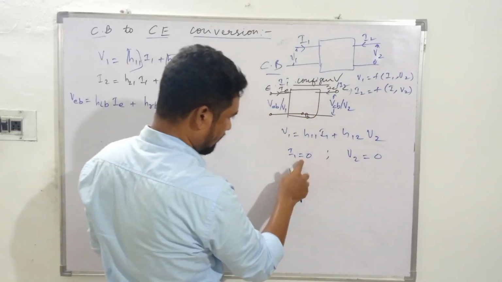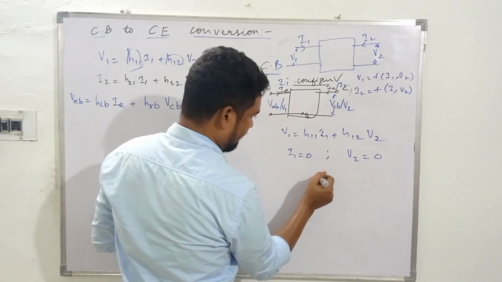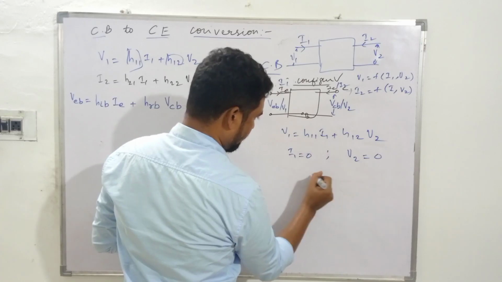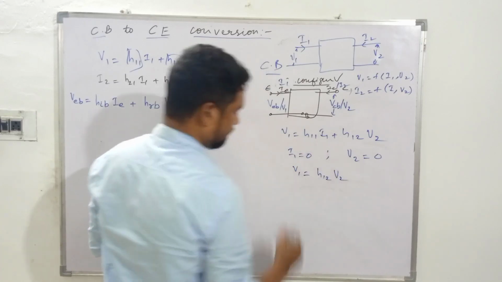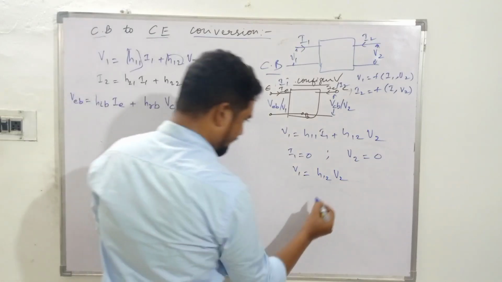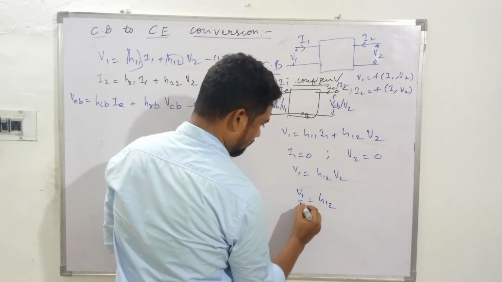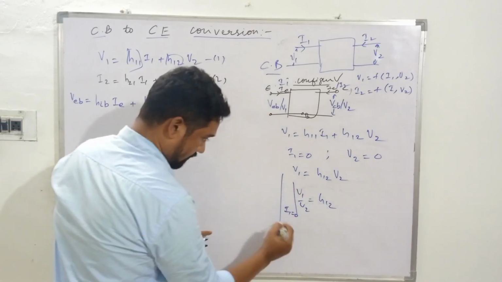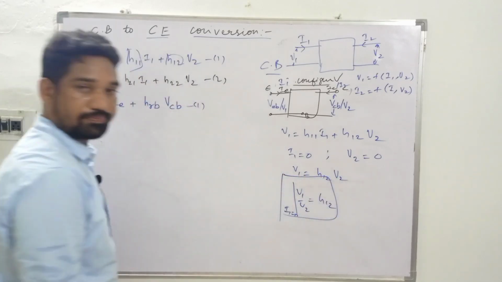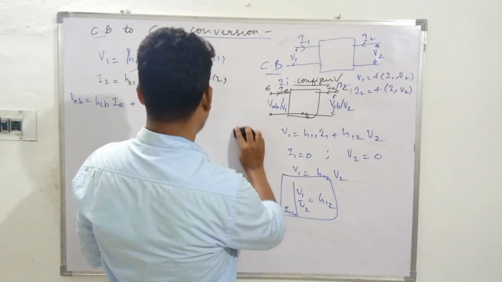If I1 is 0, we are left with V1 equal to H12 V2. Now H12 will be V1 by V2 when I1 equals 0. This condition is also very much important. Remember this one.